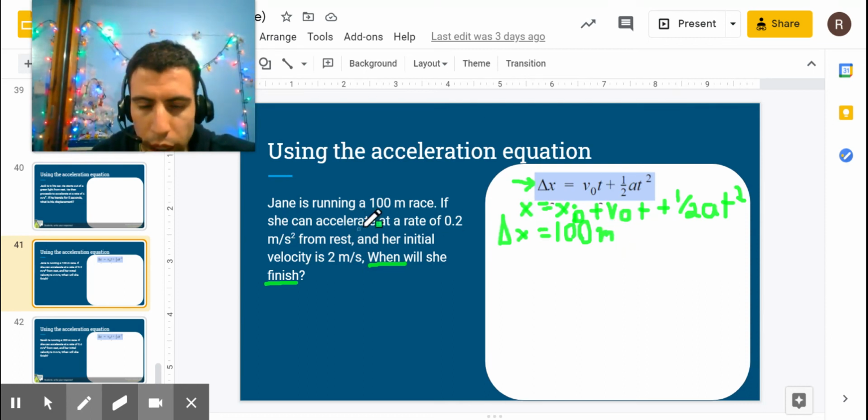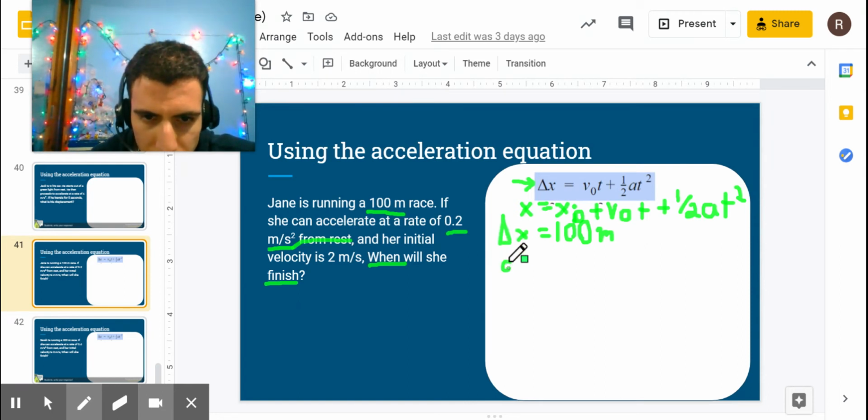So this is my displacement, and here's my acceleration. I know her acceleration is 0.2 meters per second squared.